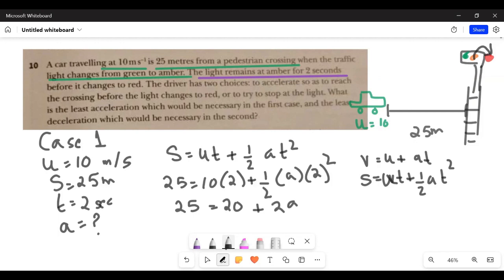So is it 2.5 meters per second squared? Yeah, that is the correct answer. So A is 2.5 meters per second squared for the first case. Okay.